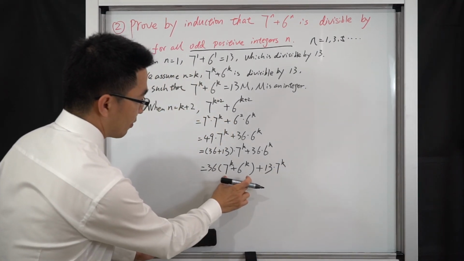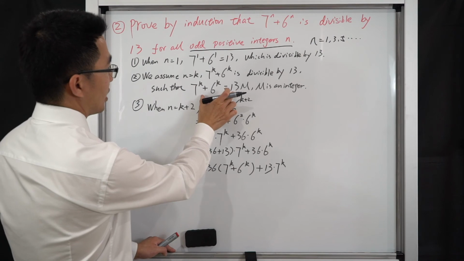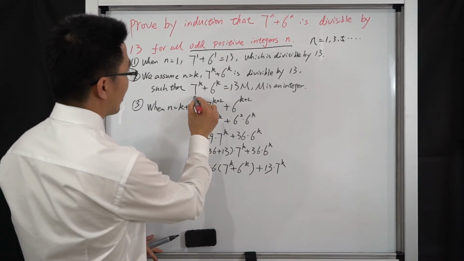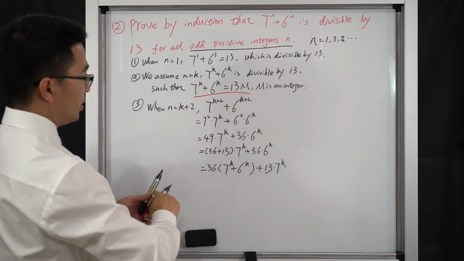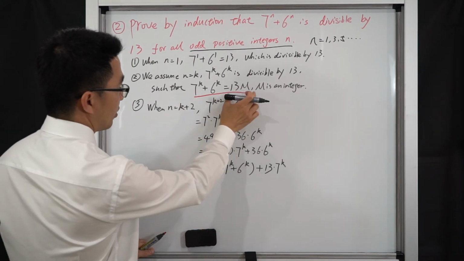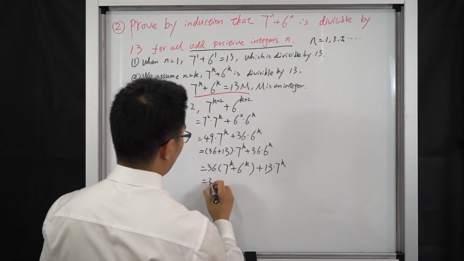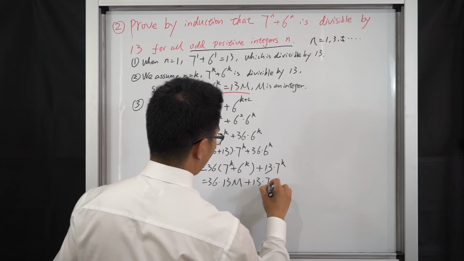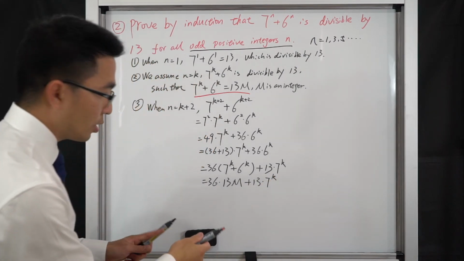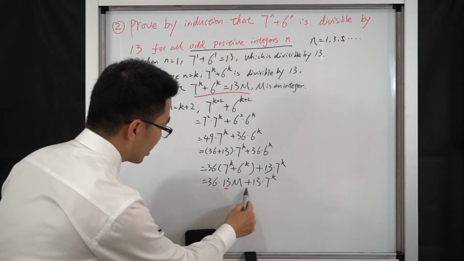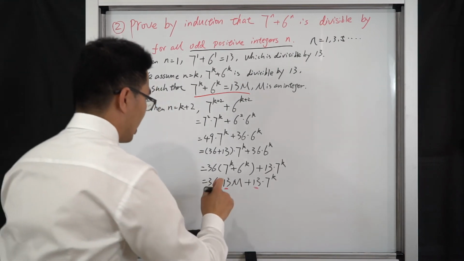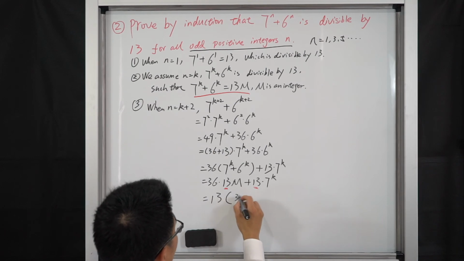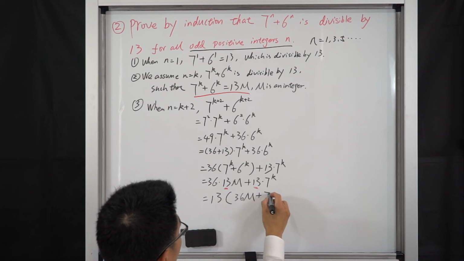Here, 7 to the power of k plus 6 to the power of k is exactly this one, 13m, right? Then we can replace this term with 13m, equal to 36 times 13m plus 13 times 7 to the power of k. Then we still have 13 as a common factor, right? Okay, keep factorizing the 13 times 36m plus 7 to the power of k.